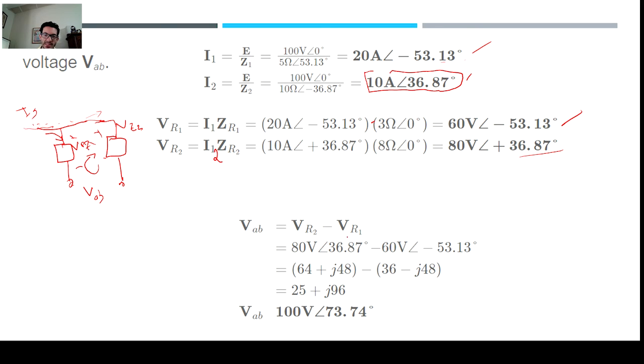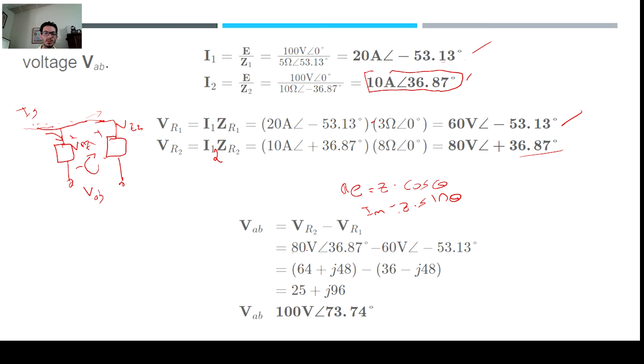If you turn these values into real and imaginary parts, you know how to do this by now, correct? This is the phasor, this is the magnitude Z, and you do cosine of the angle for the real part, and the imaginary part is Z times sine of the angle.